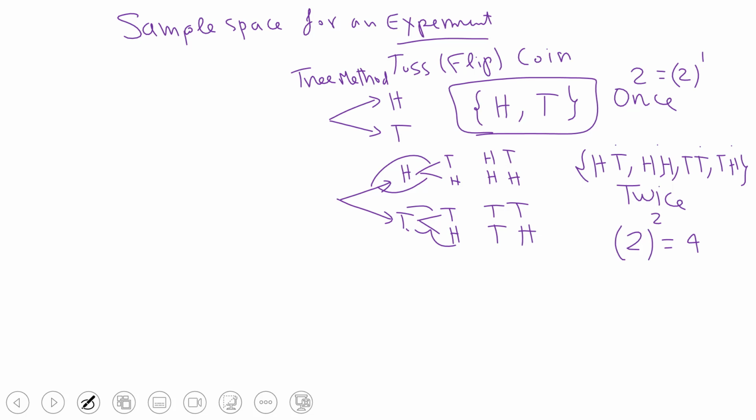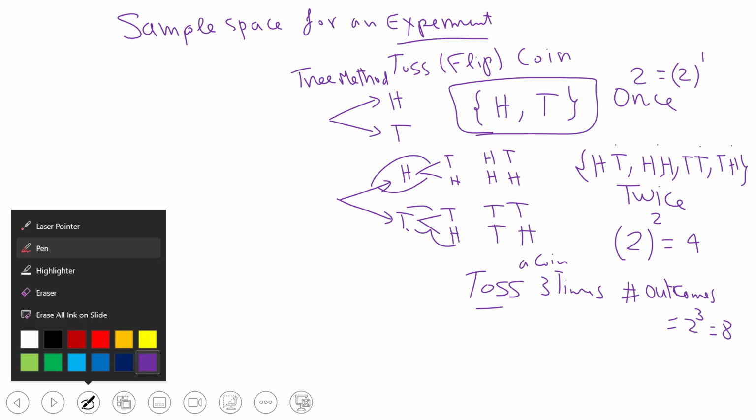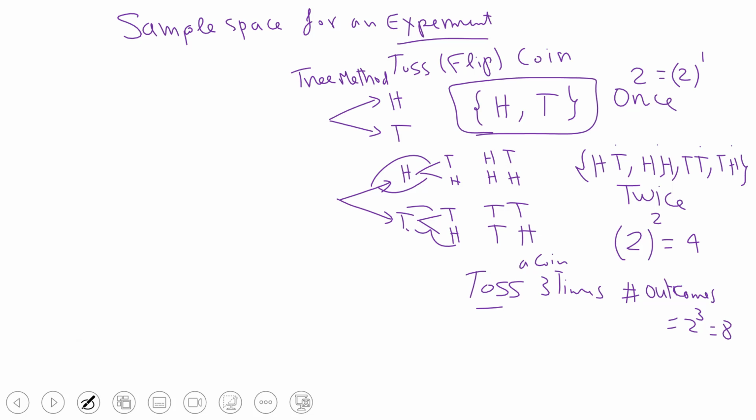If you make a toss 3 times, the number of outcomes will be 2, the number of options in your experiment, which is tossing a coin, to the power 3, so the number of outcomes is 8. Why am I telling you it's very important to know the number of outcomes?